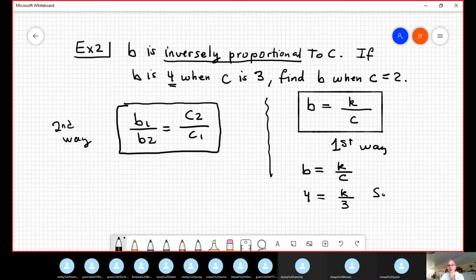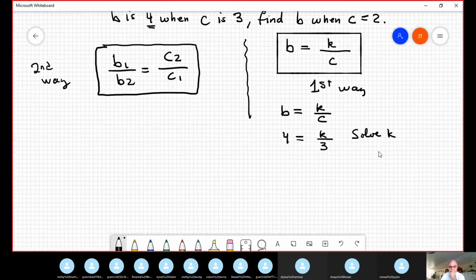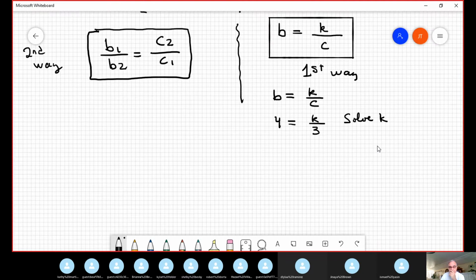Now you solve for K. It's like a cross multiplication. You multiply 3 times 4 is 12. Therefore, I discover that K is 12. I come back again to the original formula, but I replace K with 12.